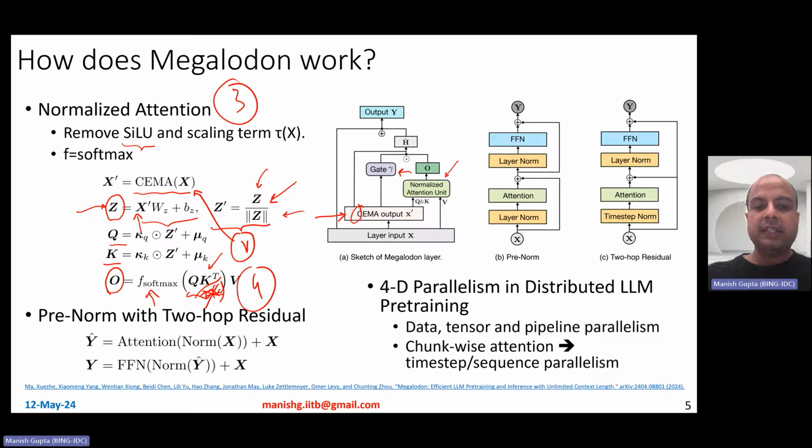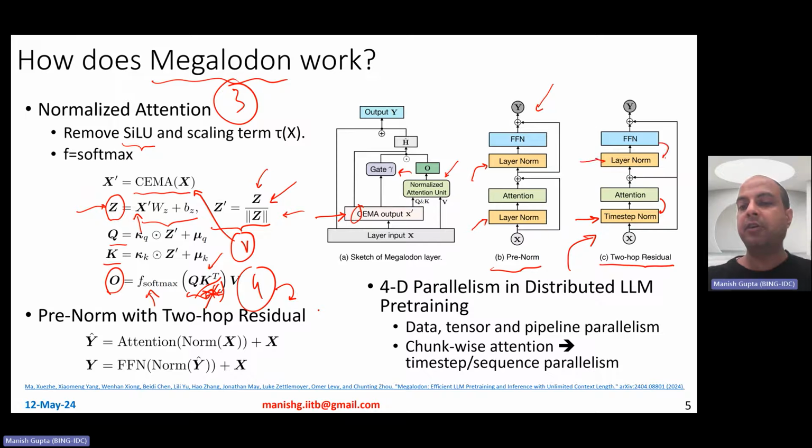Now the fourth change compared to the Mega model is the two-hop residual computation. The typical transformer models have this prenorm, where you don't do normalization later, but before. So you do a layer normalization before self-attention, and layer normalization before the FFN, the feed-forward network, right? But in the Megalodon model, what they've done is two-hop residual computation, where you do a time step normalization before attention and layer normalization before feed forward.